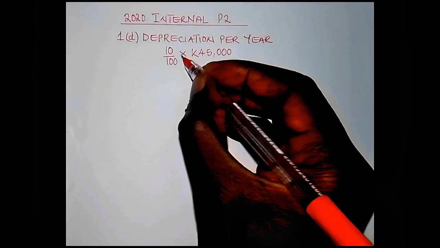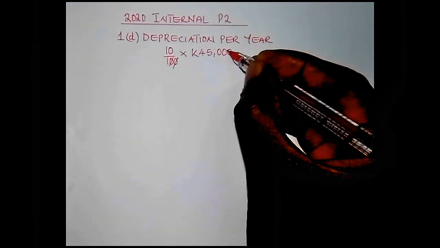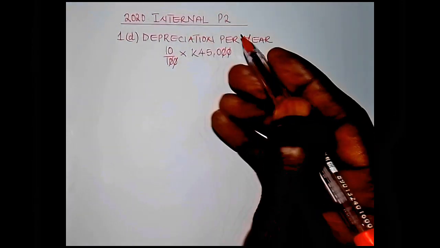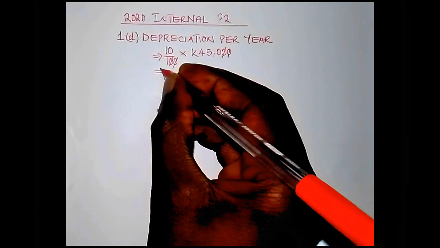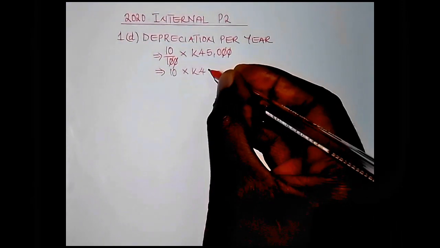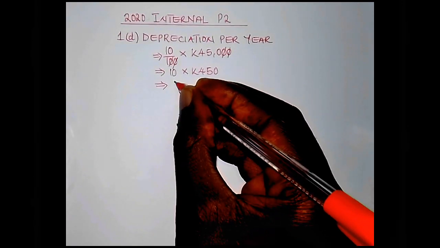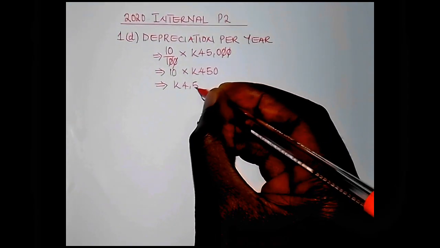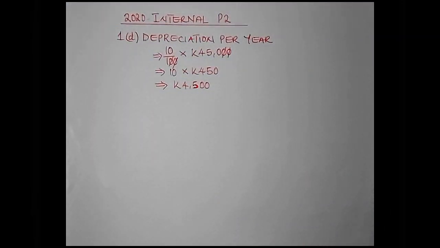So 10% of 45,000, if we simplify the zeros, the 10 is going to multiply with 450, and 10 multiplied by 450 gives us 4,500.